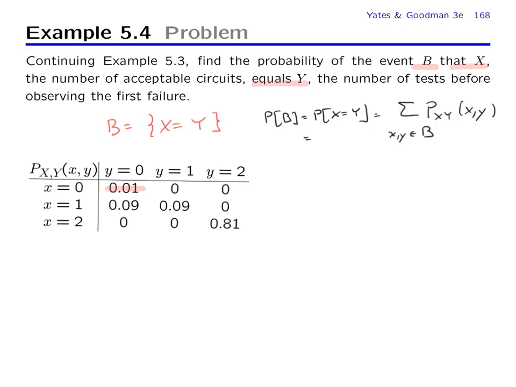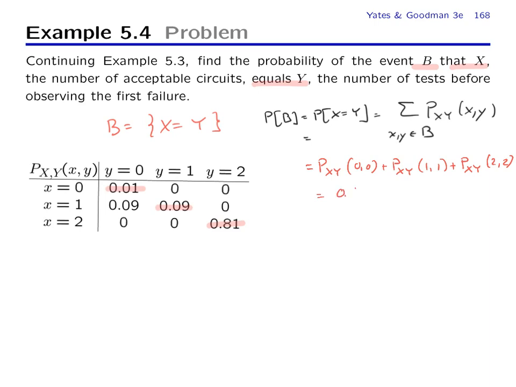So there's x equals 0, y equals 0, x equals 1, y equals 1, x equals 2, y equals 2. And all we're really doing here in this sum is saying, well, this is the probability XY is 0, 0, plus the probability XY is 1, 1, plus the probability XY is 2, 2.